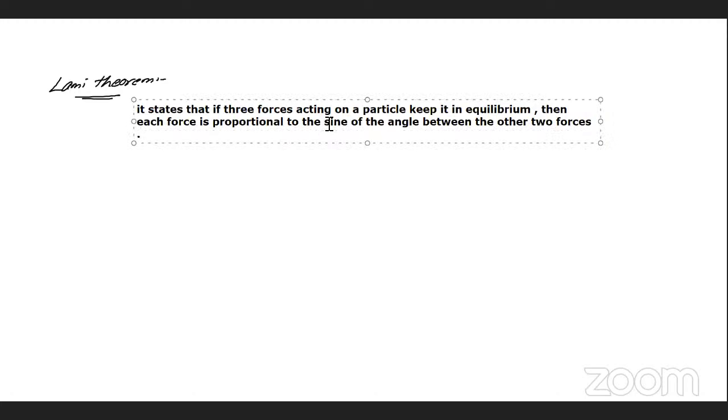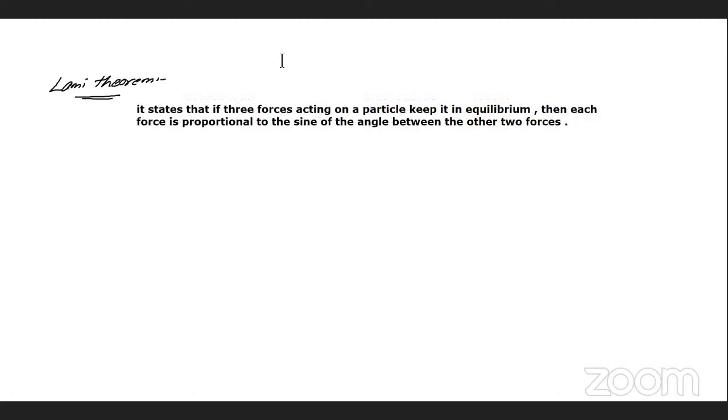Okay, so let's see the relations here. First of all, we'll discuss the forces. Here there are three forces acting at one particular point. I'll take this point as O. There are three forces acting on it. I'll take this one as F1, this one as F2, and this one as F3. So three different forces are acting on the same point, keeping it in equilibrium.